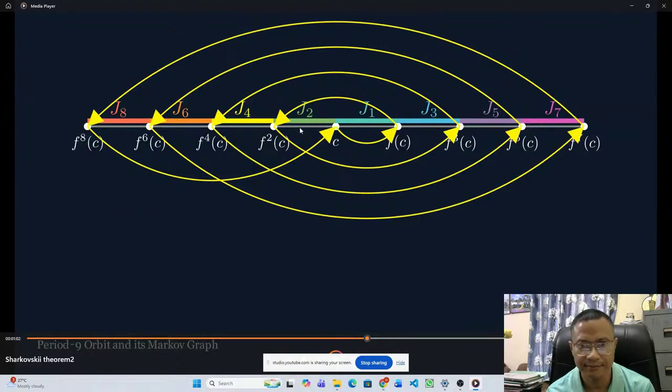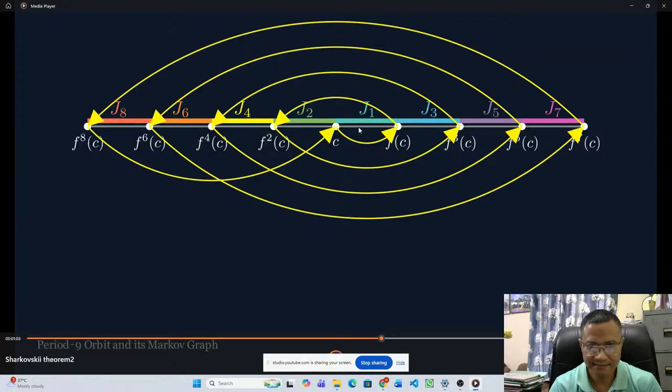So by the intermediate value theorem, the function f takes values in between these endpoints. That means f of J1 covers the interval J1 and J2. So f of J1 covers J1, there is a loop, and if there is a loop, there will be a fixed point. And then f of J1 covers J2, so there exists an arrow from J1 to J2. That is the thing.